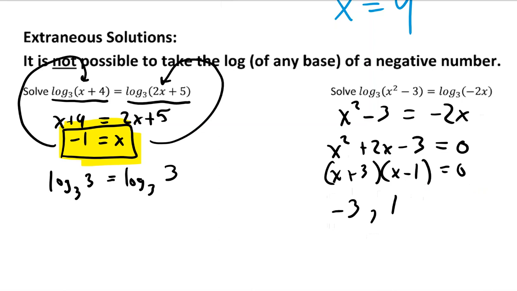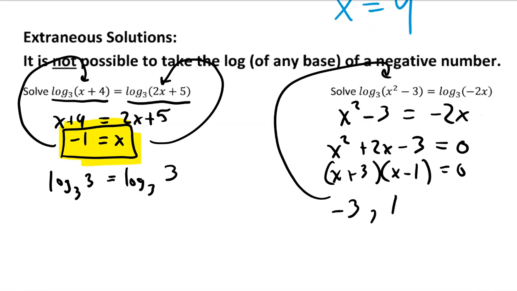And if you're not careful, you circle both of those, and you just lost half credit, because really only one of them works. Not that I did anything wrong. I solved the quadratic correctly. My first step approach was good. I'm not just doing some careless thing. But look at what happens when you plug it in. And this is the only way to check for extraneous answers.